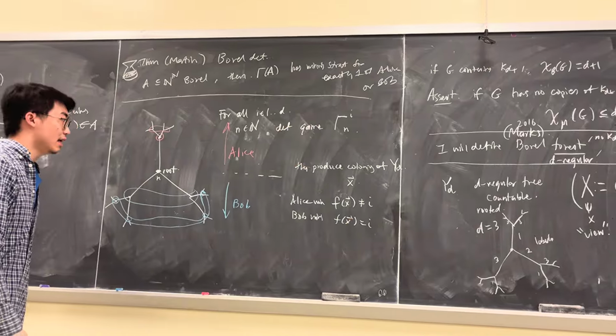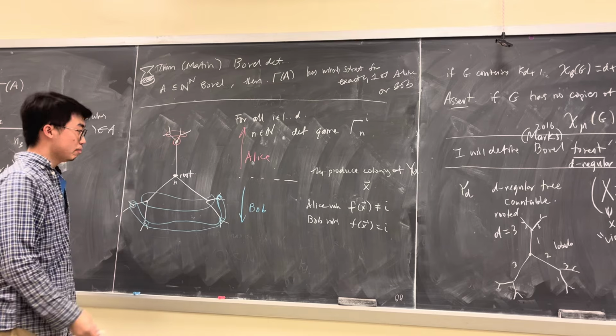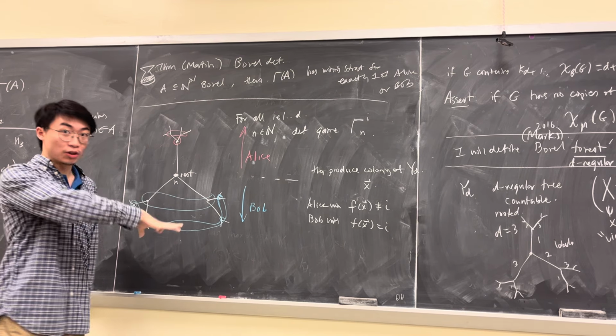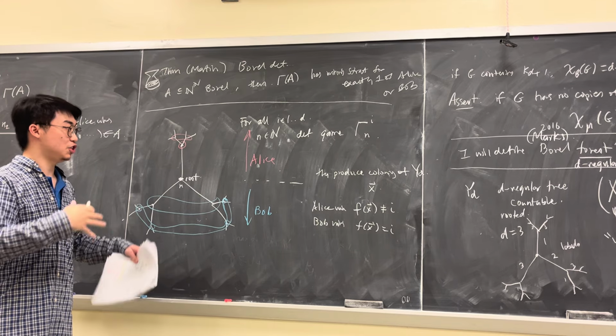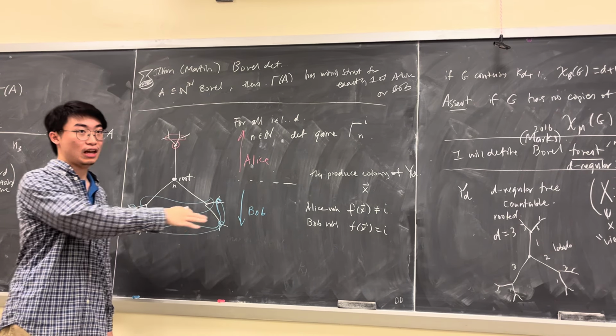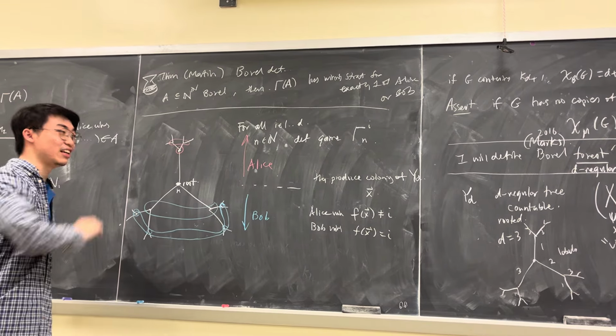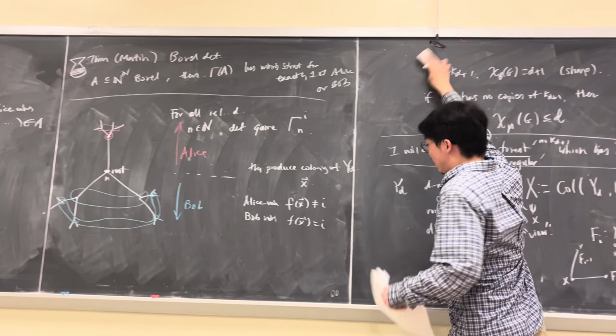So we color in this whole thing, and in the end, the judge standing at the root will look around and score this view. If the judge says, that's an i, then Bob will win. And if the judge says, nah, that's not an i, then Alice will win. So hopefully this game makes sense.